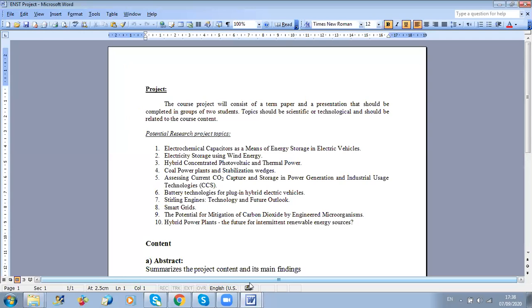So you have a lot of possibilities. The topic can be in chemical engineering, it can be in mechanical engineering. Also, you can go for economical and management if you find something that can be related. So you have a variety of possibilities to consider for your project. So please, I advise you to start to think about which area is interesting for you.